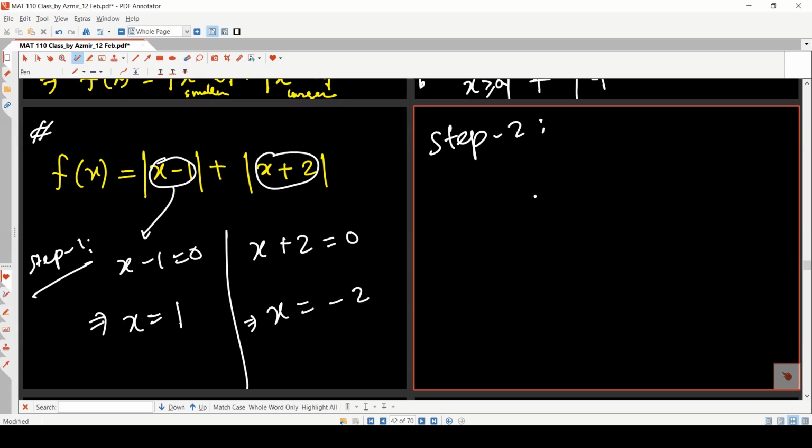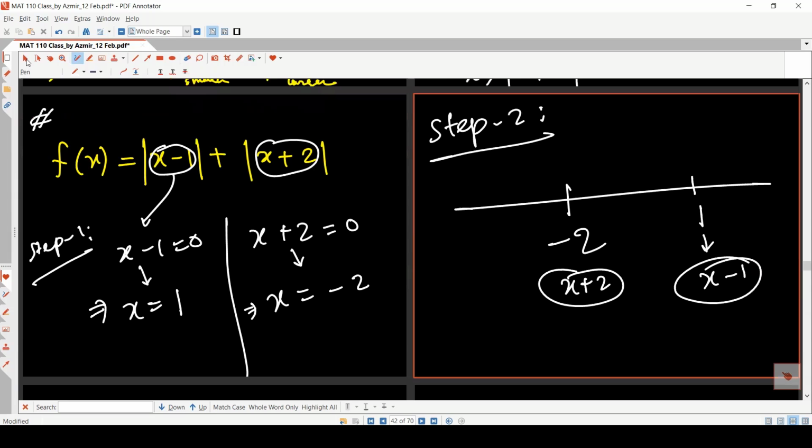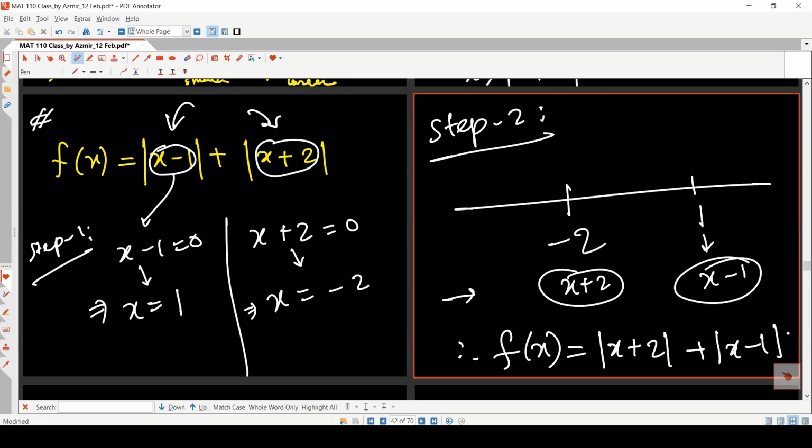So step 2, plot the number line. This is minus 2, this is 1. Minus 2 is coming from x plus 2. 1 is coming from x minus 1. So we have to think like this way. Now, based on this order, we have to interchange the position of this function. So the function should be in this order. Step 3.